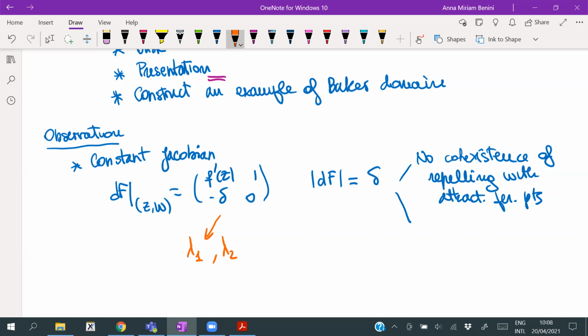How small? Depending on delta. But somehow this tells you that if you can find points or sets on which one of the two directions is very expanding, automatically the other direction will be very contracting, okay? This can be used in several different situations.